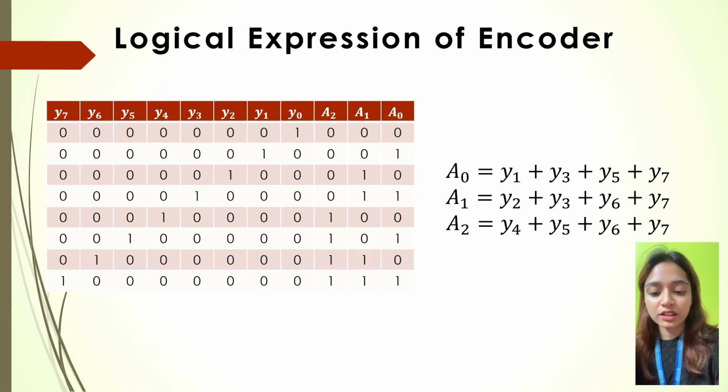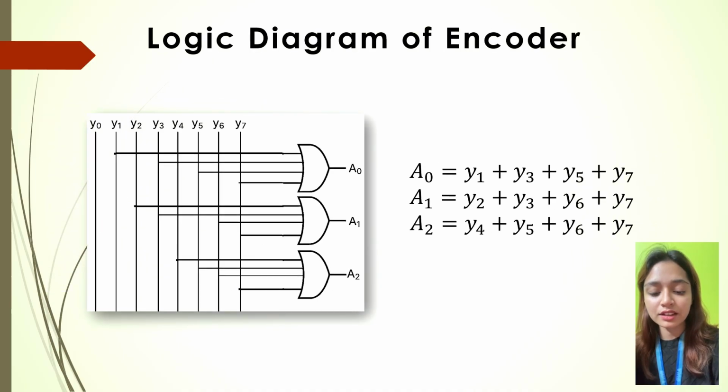A1 is the sum of y2, y3, y6 and y7, and lastly A2 is the sum of y4 to y7. We implemented these expressions using OR gates as shown in our logic diagram.